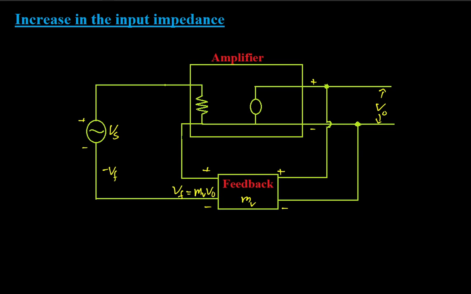So the net input voltage which appears on the input terminals of this amplifier is Vin, which we have already discussed. This Vin can be written as Vin is equal to Vs, the signal source, minus Vf, which can be written as Vs minus Mv into V0.